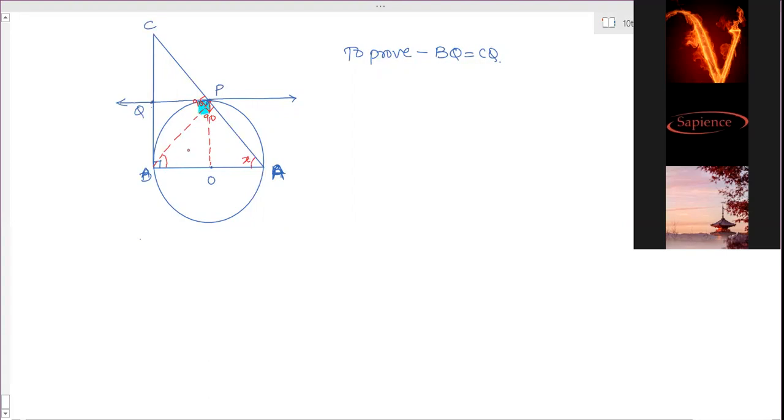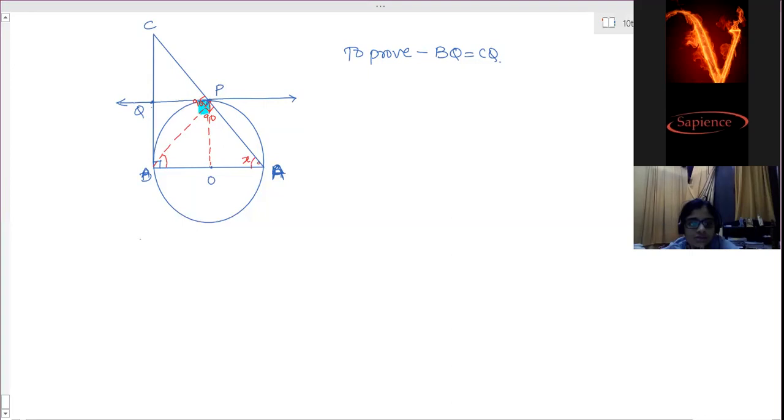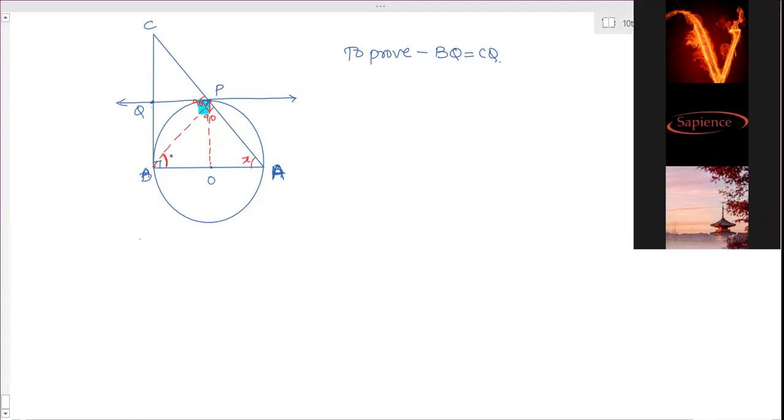If this is X, that will also be X. BPA is X. Listen very carefully. BPA is 90. Angle A is X. So angle B will be this part, 90 minus X.